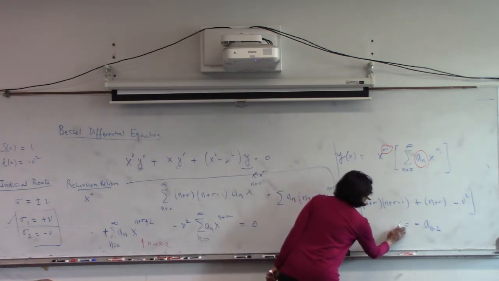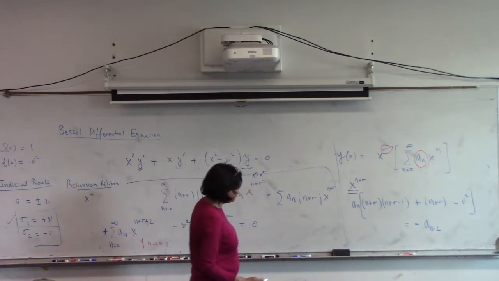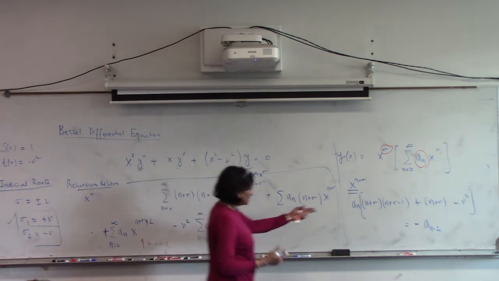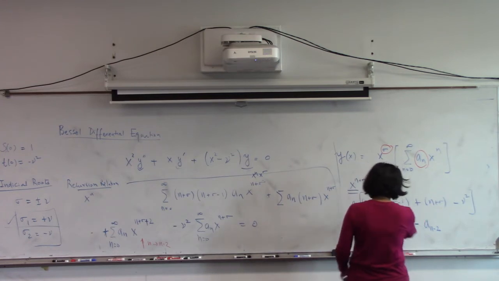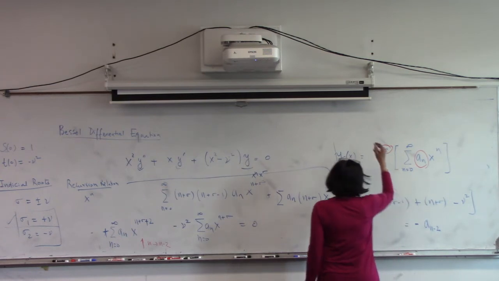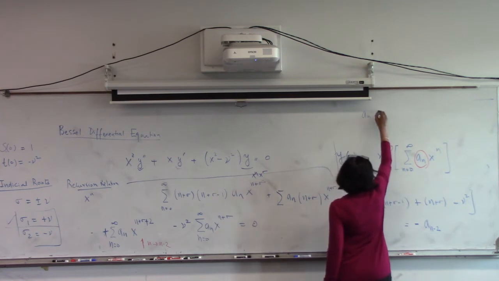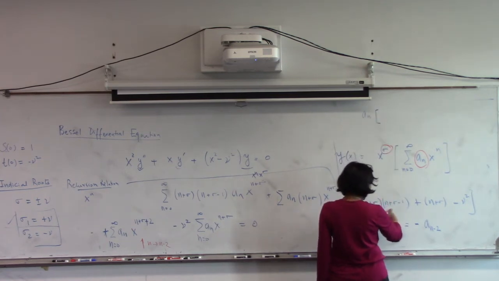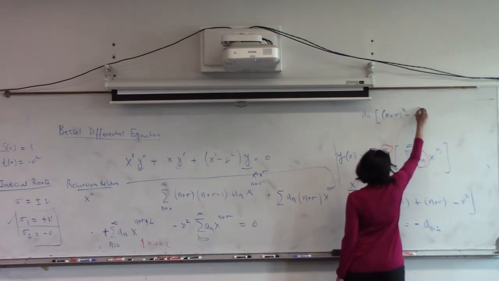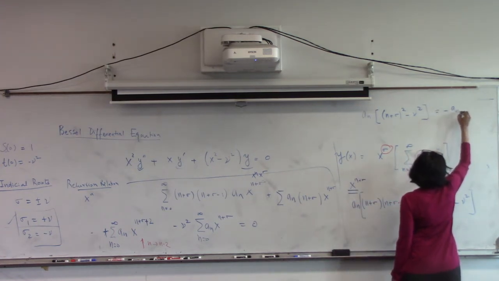This is what you will get, and you can get your recursion relationship from here, and you will put sigma equal to 1 or sigma equal to nu also. So this is n plus sigma squared, and we can cancel, this will get cancelled. So what we have is a sub n times n plus sigma, whole squared, minus mu squared, equals negative a sub n minus 2.